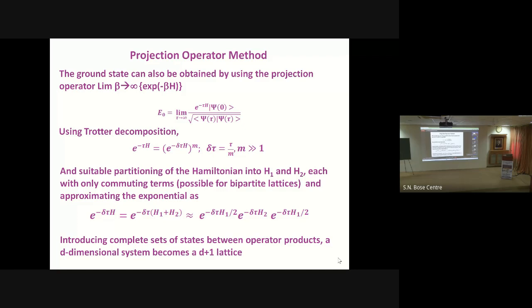So if you have states which are obeying the area law, they can be represented by states which also obey the area law, which is a tensor network. So the tensor network states obey the area law because you calculate the entropy of any block, and that only scales as the boundary.